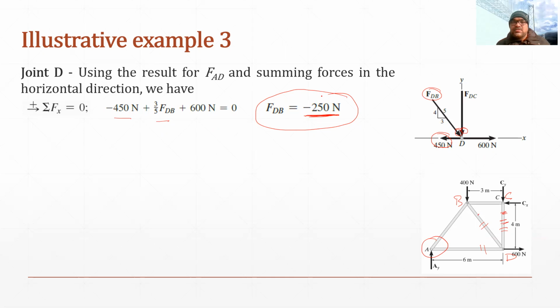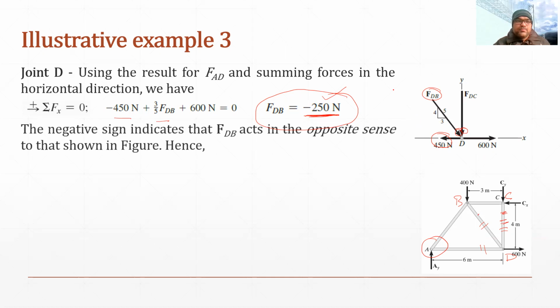This negative means the member is not under compression, but it is actually in tension. That is what I have written. The negative sign indicates that FDB acts in the opposite sense. So FDB that we assumed as compression is actually in tension. We can correct it later.